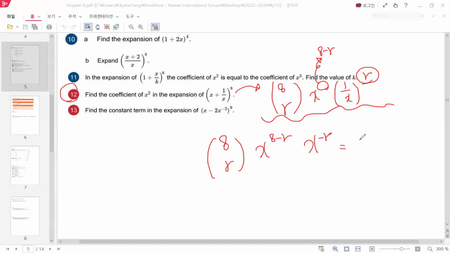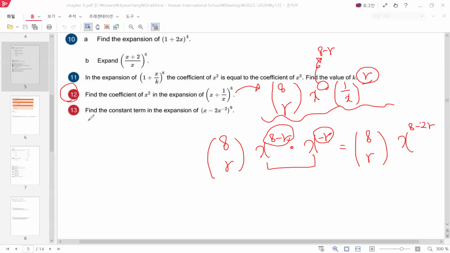Okay, thank you. And then 8 and r, x to the power of, since it's multiplication, you can add these two indices, which is 8 minus r plus negative r, 8 minus 2r.